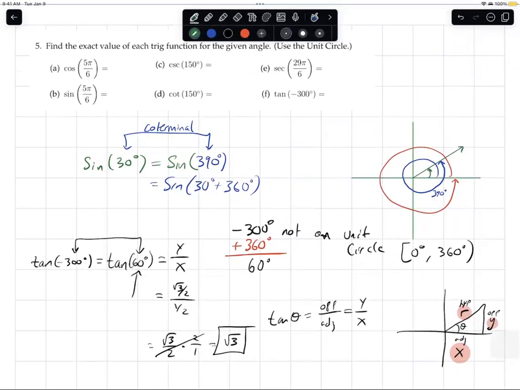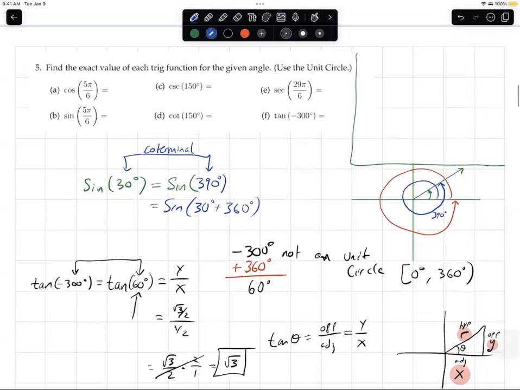Maybe I can squeeze it into this corner so that we can see the solution of the other one as well. Okay, so 29 pi over 6.